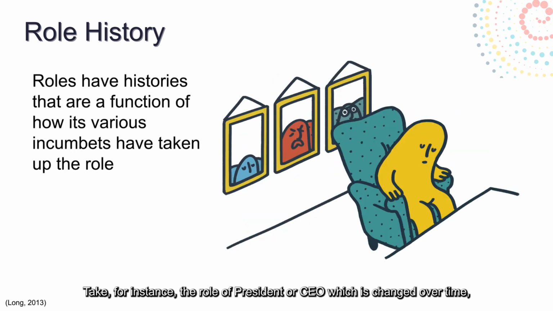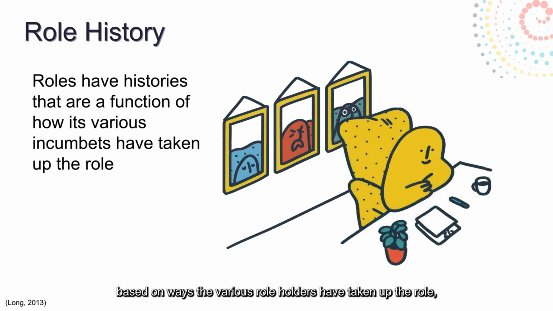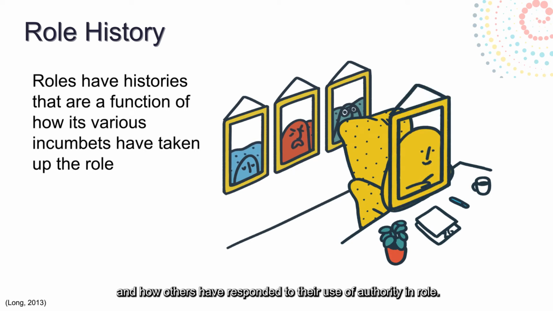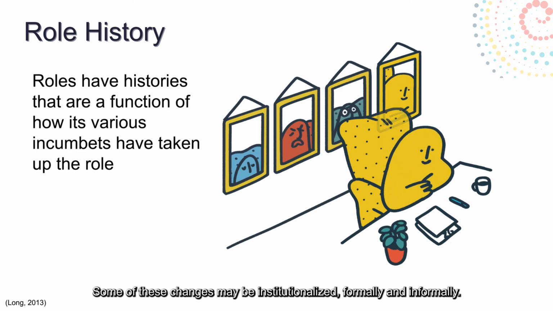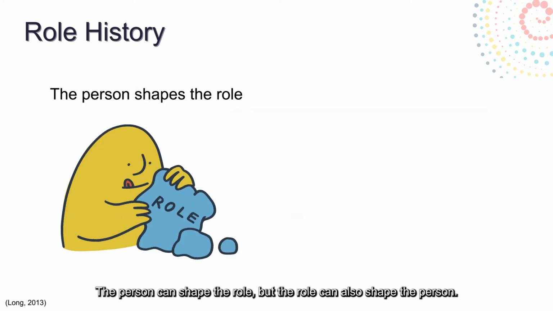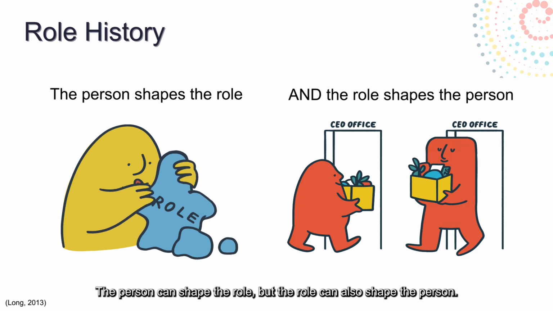Take, for instance, the role of president or CEO, which has changed over time based on the ways that the various role holders have taken up that role and how others have responded to their use of authority in role. Some of these changes may be institutionalized formally and informally. A person can shape the role, but the role can also shape the person.